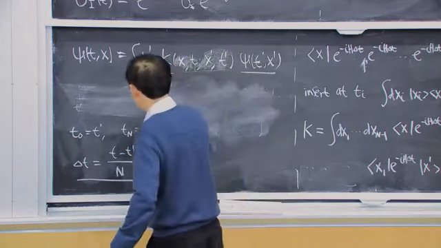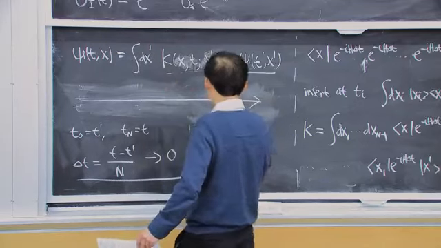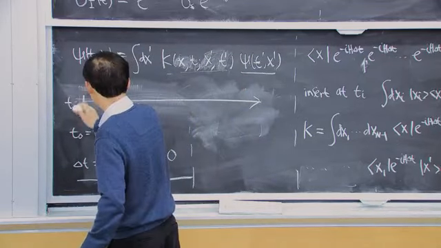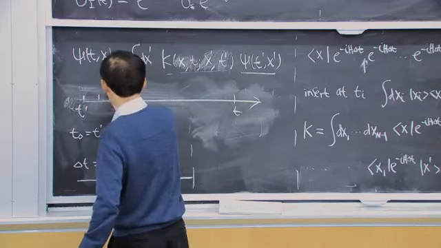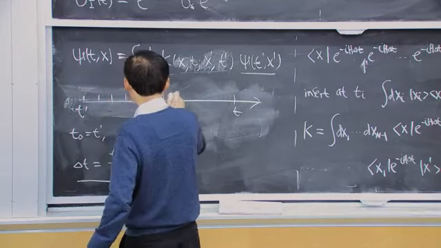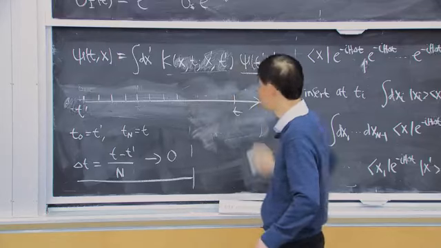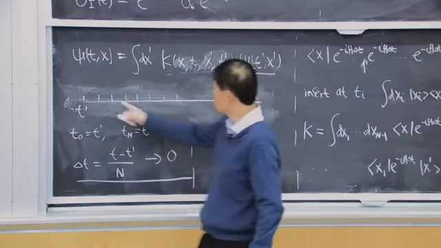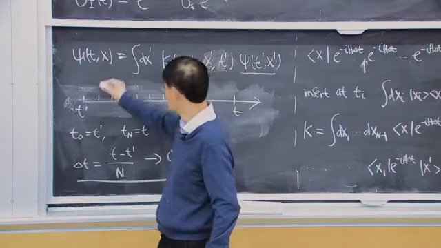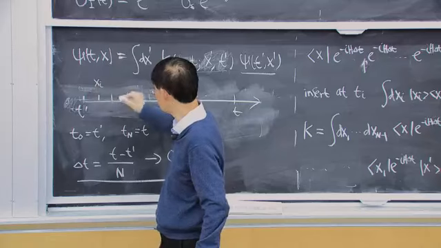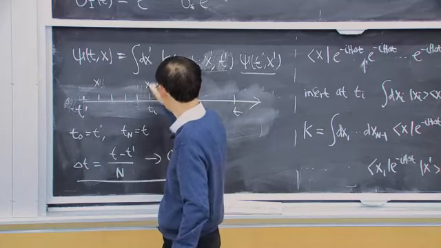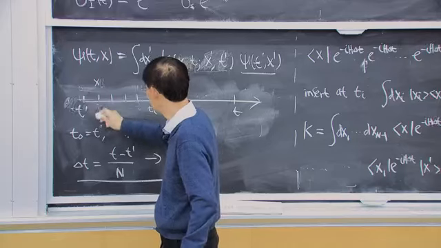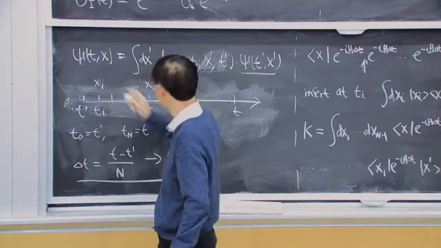So here is t prime, here is t, and here you have different locations. I also draw the delta t to be big. At each ti, we insert the xi. So at t1, we insert x1, etc.